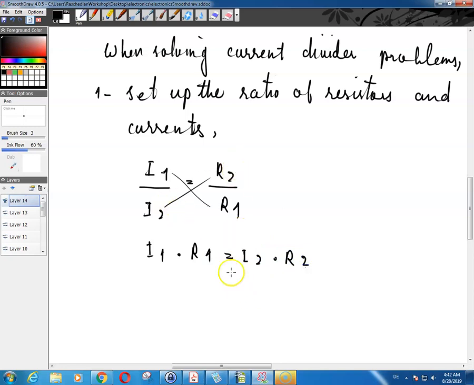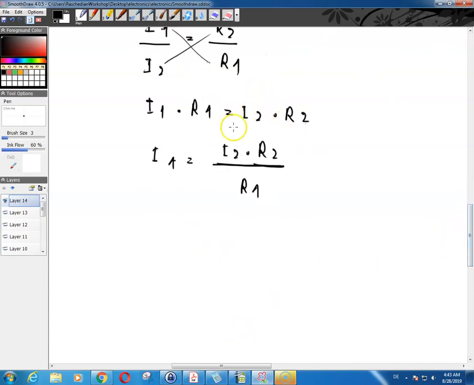And then, for example, if you want to calculate I1 over here, you can write I1 is equal to this whole thing, I2 times R2 divided by R1. If you want to calculate I2 over here, you will get I2 is equal to this whole expression, I1 times R1 over R2.